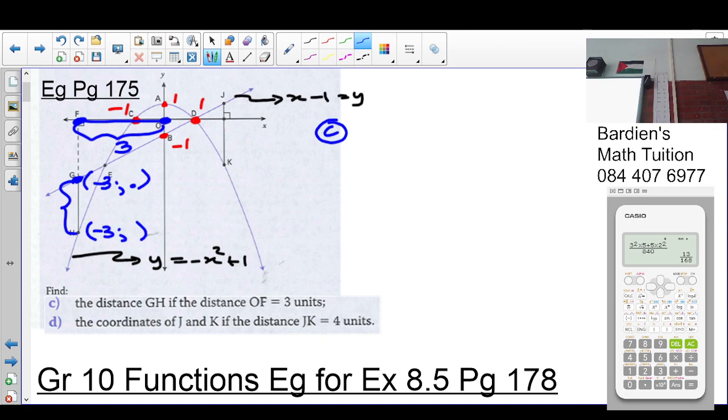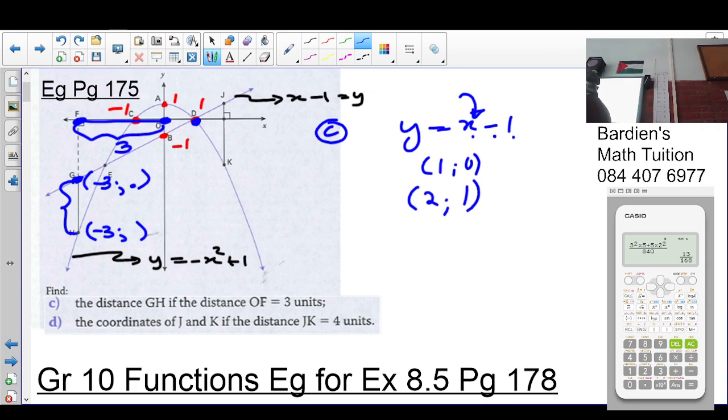You understand that? Remember, if you got y equals x minus 1, what will happen if I put the 1 in? I get 0 out. What does that tell us? That 1 and 0 is on this graph. What if I let x be 2? It's 2 minus 1, 1. So 2 and 1 is a point on the graph. What if x equals 0?